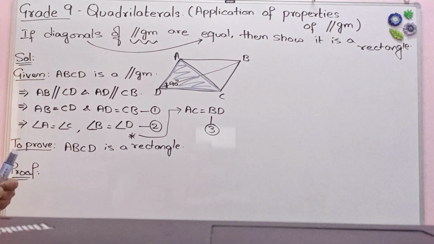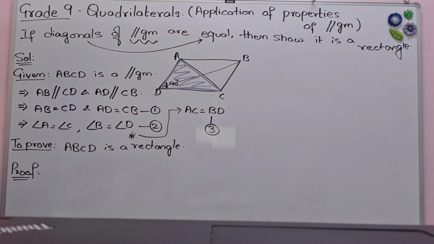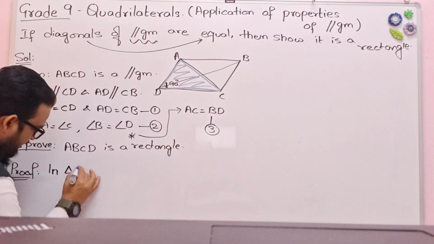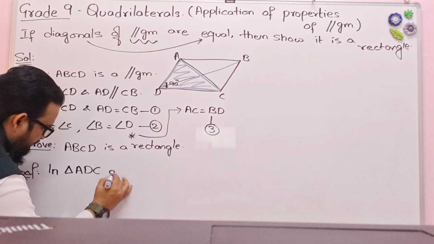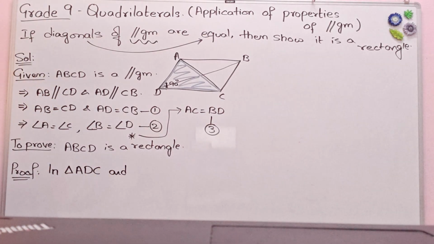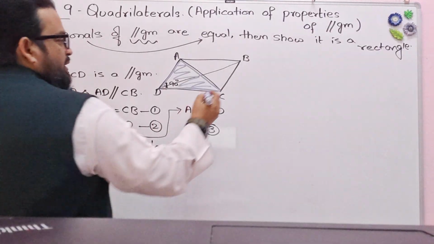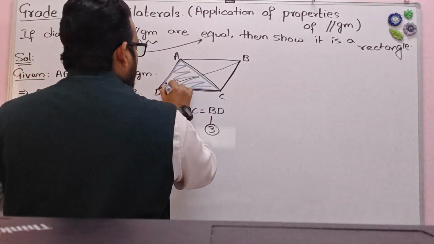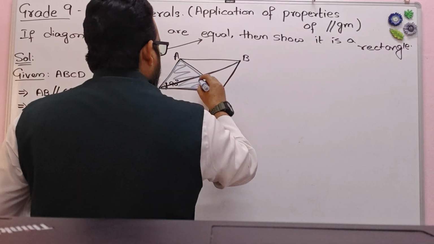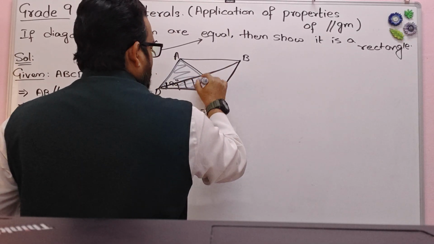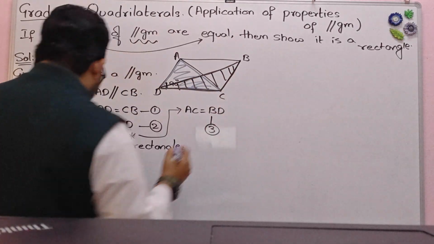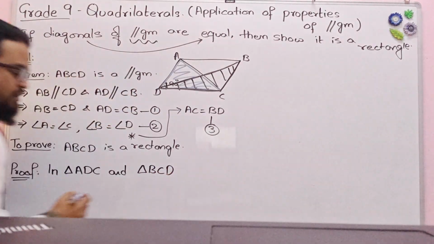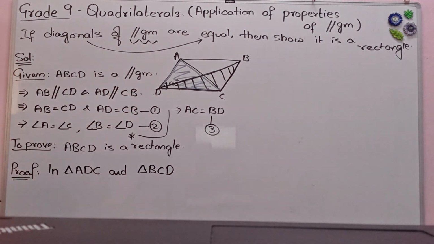This is triangle ADC. So in triangle ADC, and what is the other triangle? Let me take B, C and D. Okay, so in triangle BCD, what are the parts which are equal?